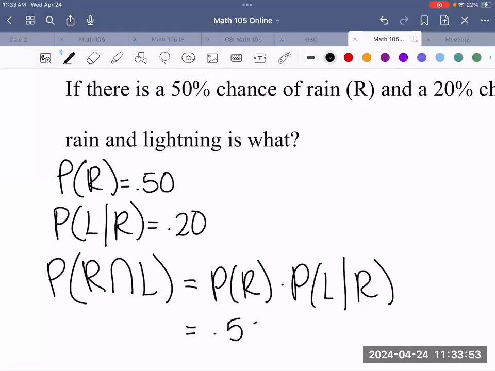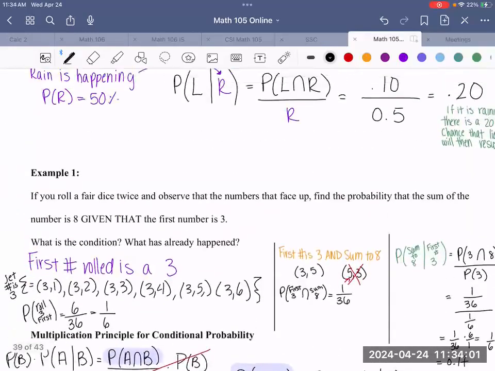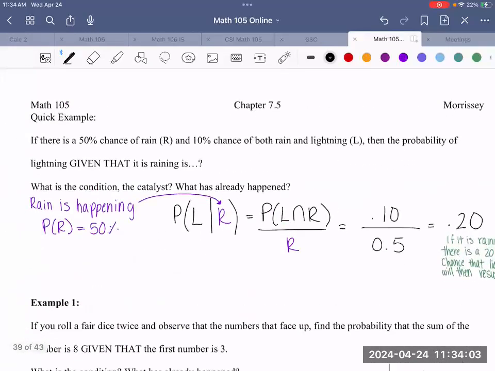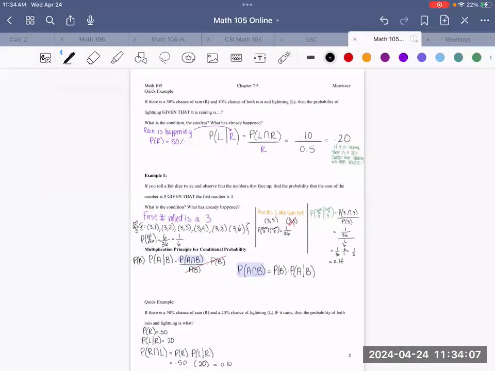So 0.5 times 0.2 is equal to 0.10. Now we can compare this to what the first example was, and we do see that those are the same just by switching around your equation.